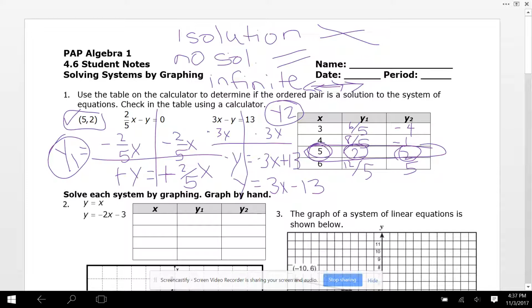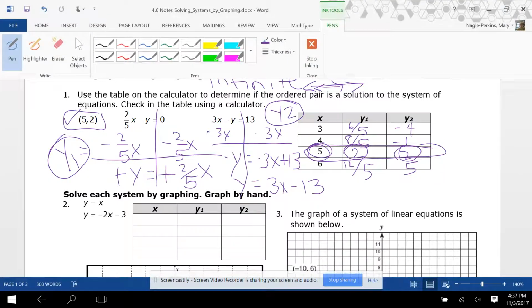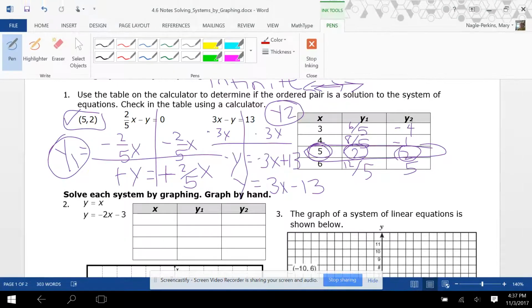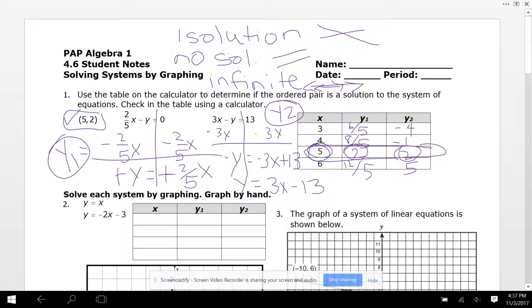We could check it by substituting that in for x and y. I'm going to change colors here real fast. I want to choose red. Okay, so I could take equation number 1 and put 2 over 5 times 5 minus 2 equals 0.